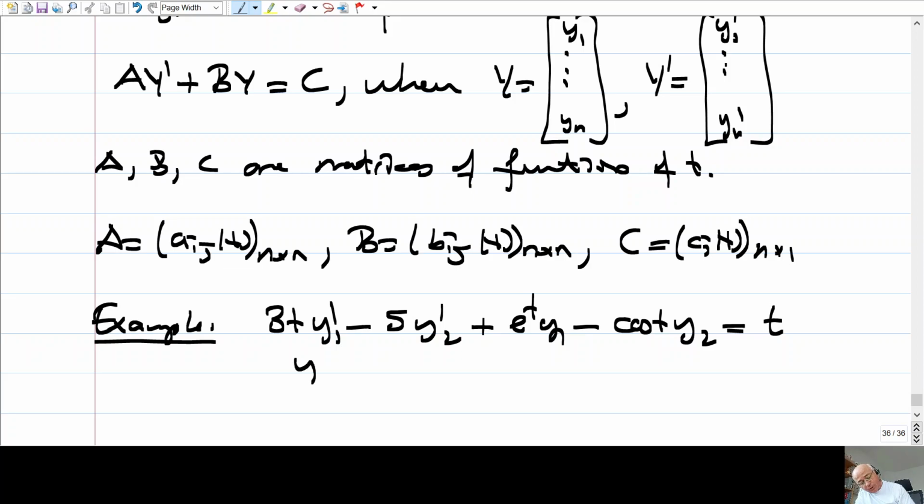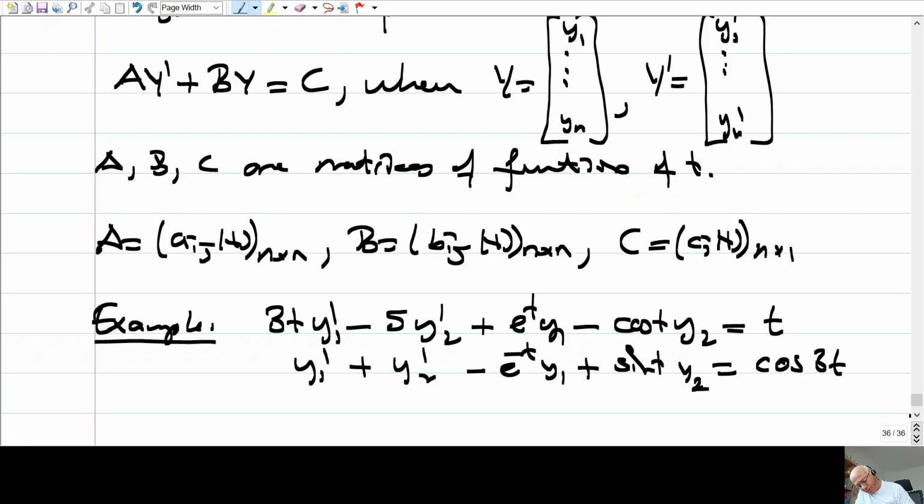And another one is y1 prime plus y2 prime minus e to the power minus t y1 plus sine t y2 equals cosine 3t.